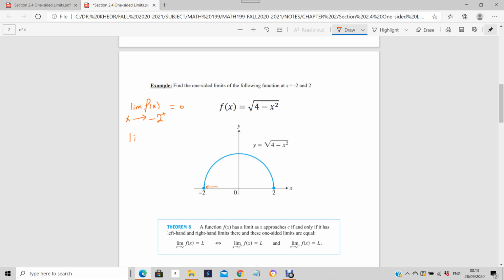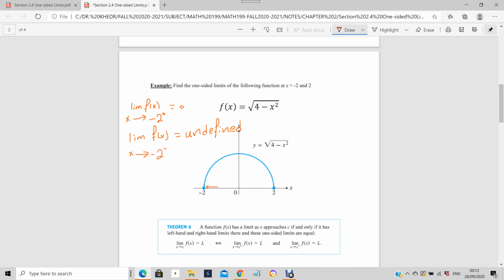How about lim f of x as x goes to minus 2 from the left side? It's undefined. Why undefined? Because the function is undefined if x is less than minus 2.